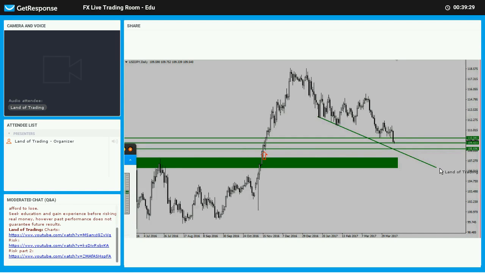What else? Eventually the lower levels are supported, so 108.70. They are supported by those lines through the bottoms.